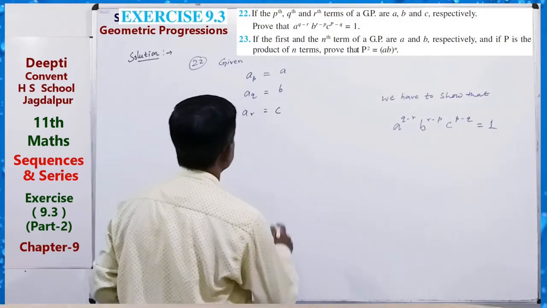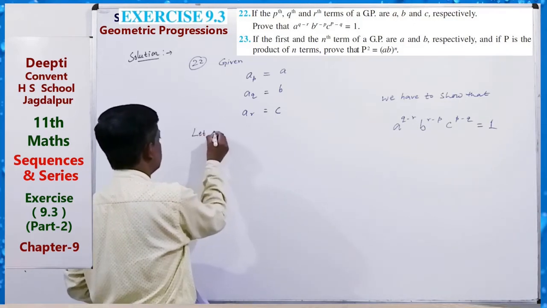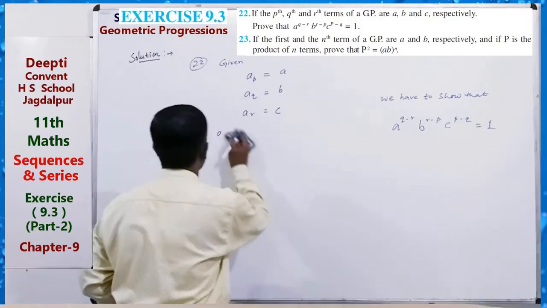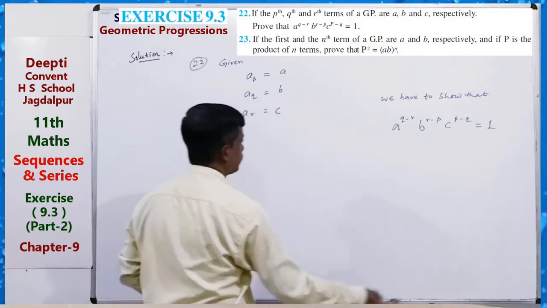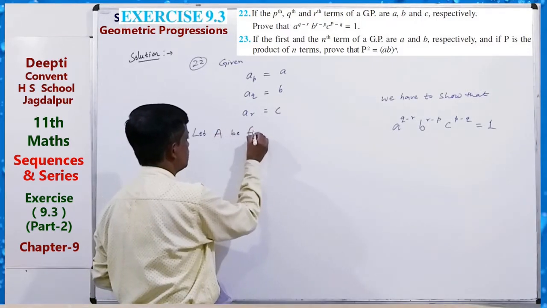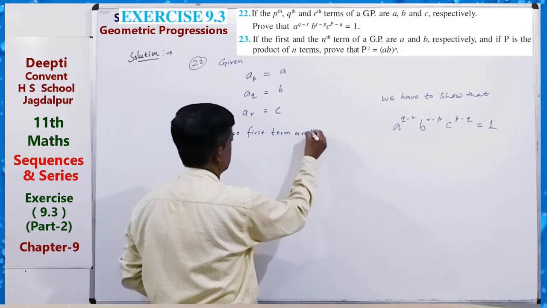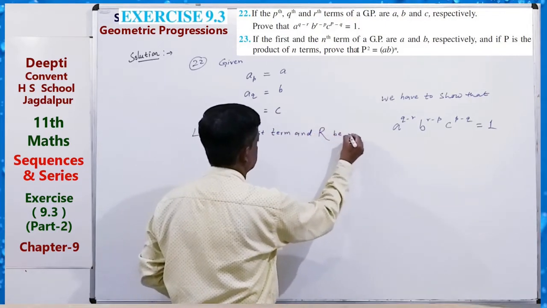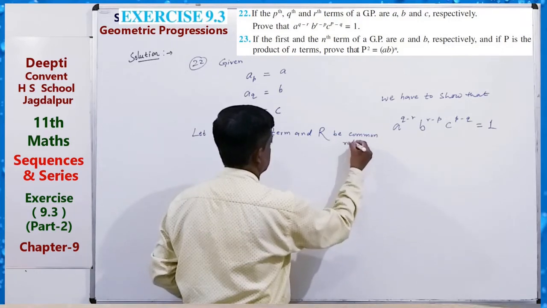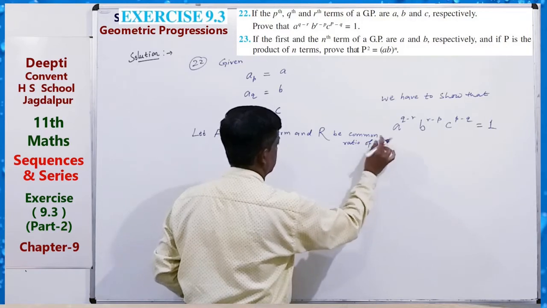Okay, so let A be the first term and capital R be the common ratio of the GP.